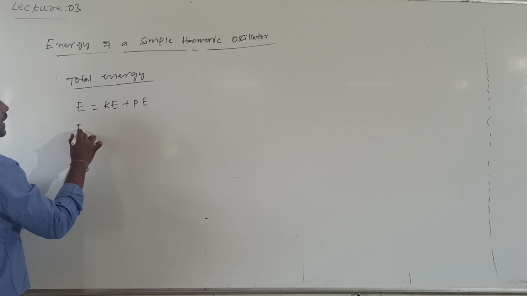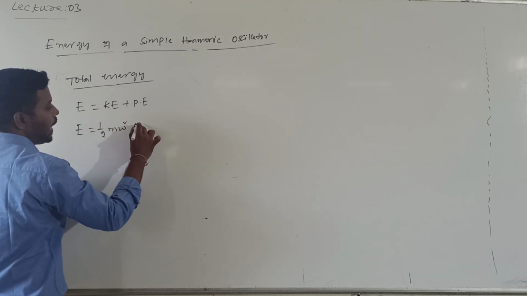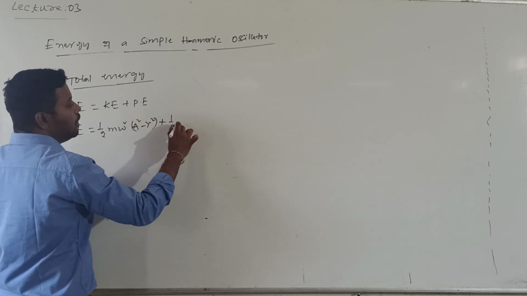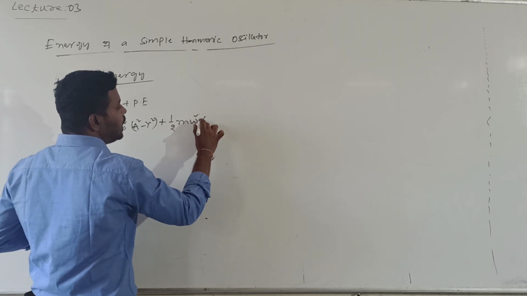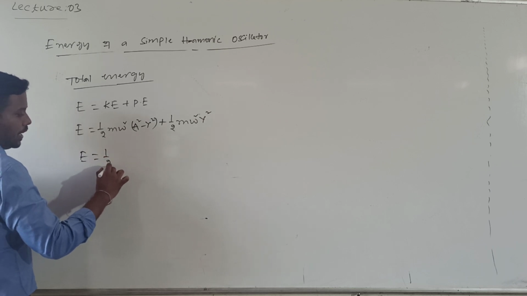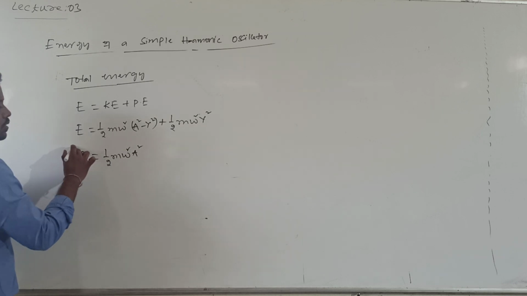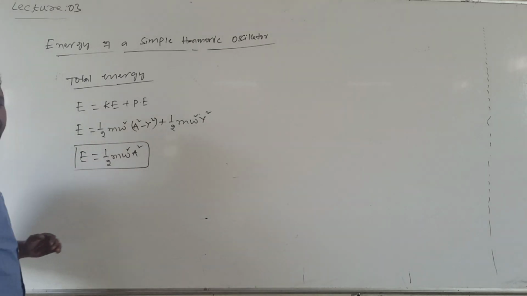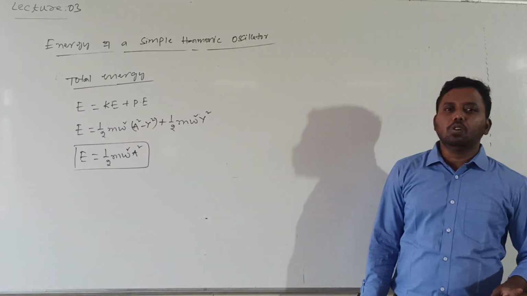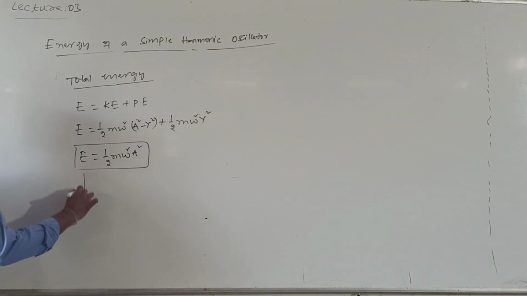Kinetic energy is 1 by 2 into m omega square into a square minus y square, whereas potential energy is 1 by 2 into m omega square into y square. By adding these, the total energy of a particle executing SHM is 1 by 2 into m omega square into a square. This total energy neither depends upon time nor upon displacement. Total energy of a particle executing SHM will always remain constant.